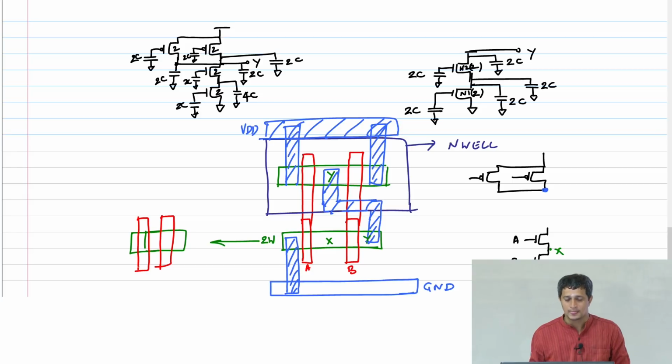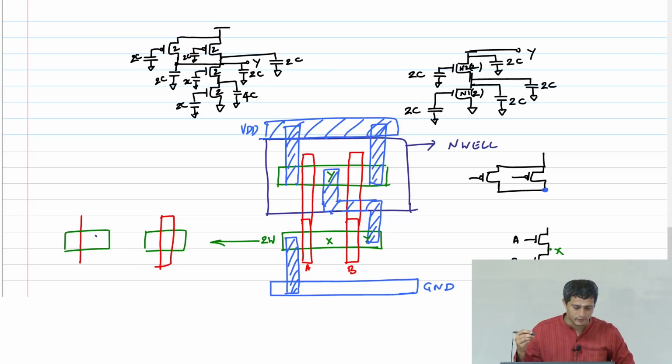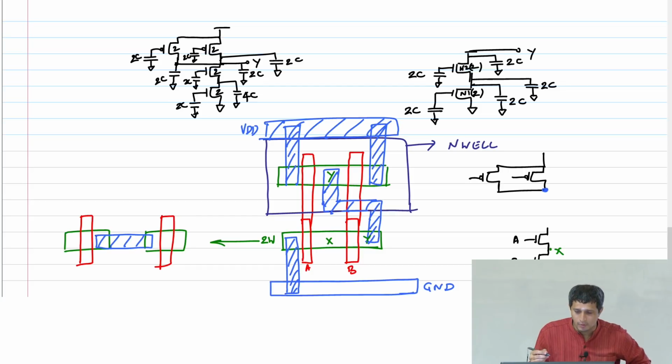Remember that when we derived the capacitance of the drain and source, we were actually looking at this cross-sectional area. And that's why we got a capacitance of C from here, a capacitance of C from here.